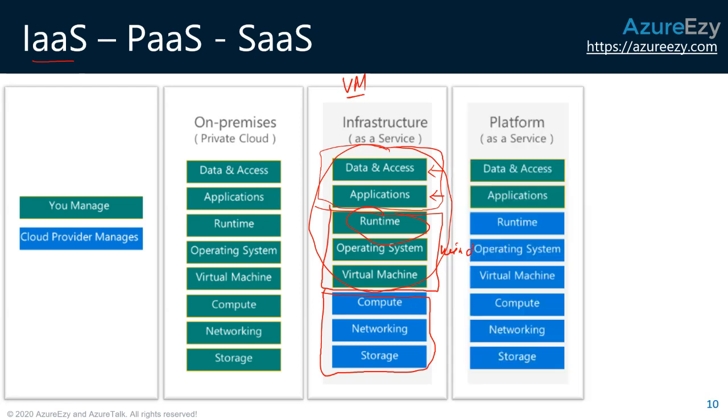Now, what exactly is a PaaS service? In case of a PaaS service, the cloud provider goes a little bit ahead, and they say that you don't have to worry about the virtual machine, you don't have to worry about the operating system, and you don't have to worry about the runtime. What I mean by that is that when you talk about a virtual machine, you must tell whether it is a Windows virtual machine or a Linux virtual machine, what version of Windows it is, whether it is a Datacenter version, Windows Server 2019, 2016, or whatsoever.